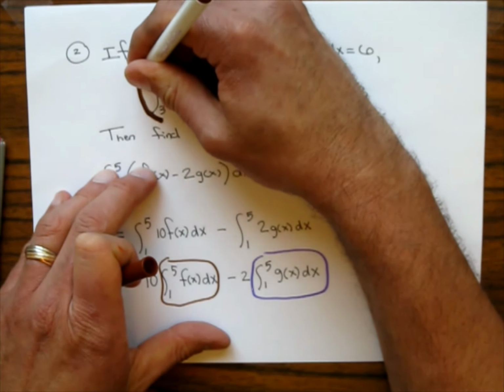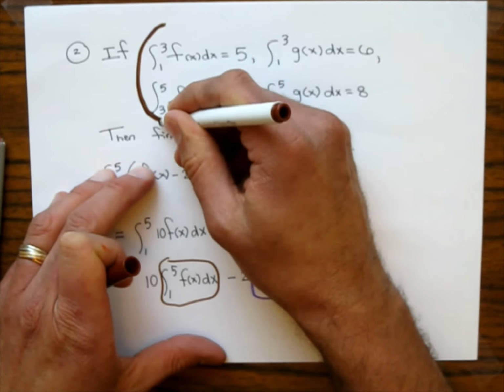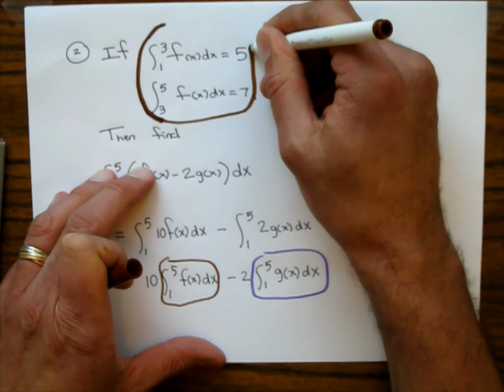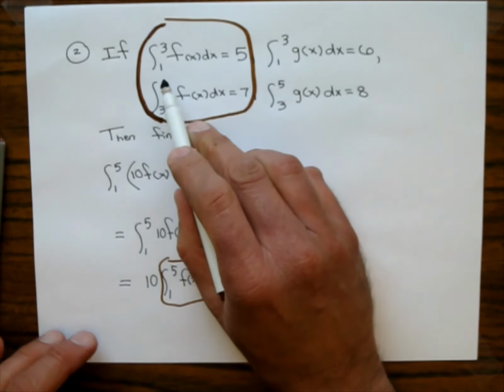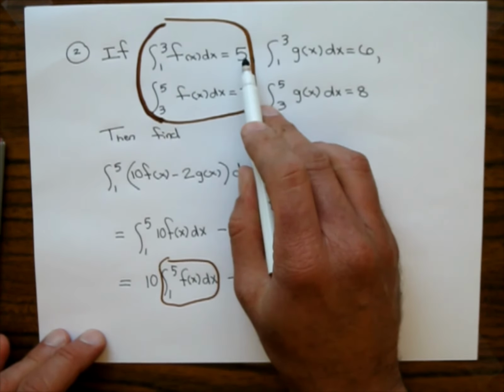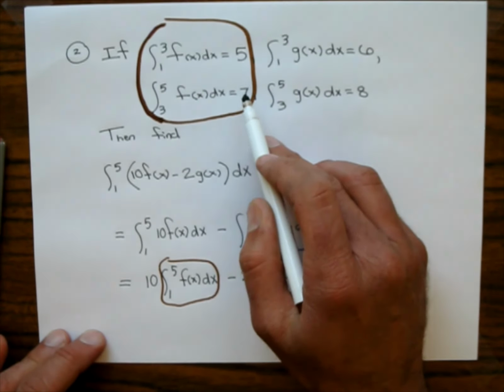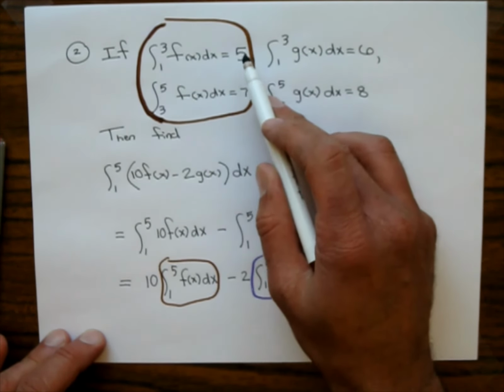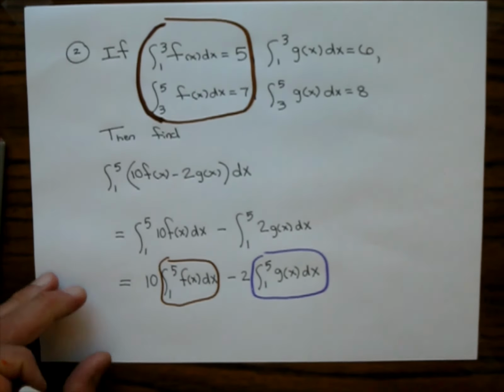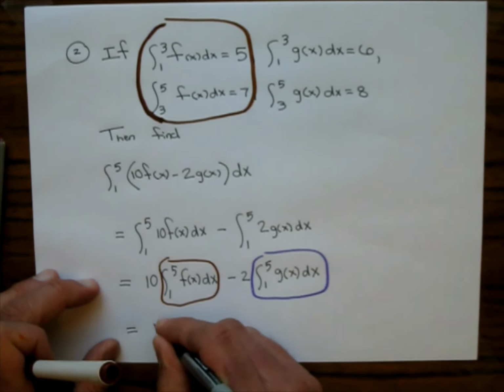So this is what I'm going to use for the brown part. If my net area from 1 to 3 is 5, and then from 3 to 5 is 7 for the same function, then I can add those together and get a 12.